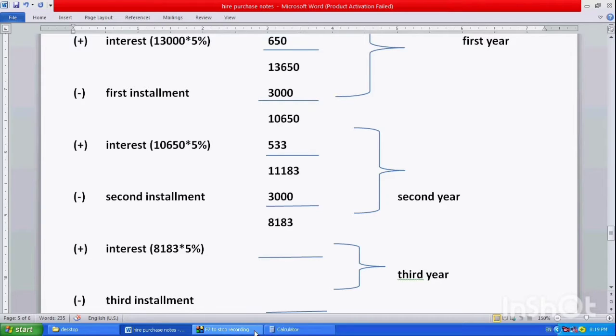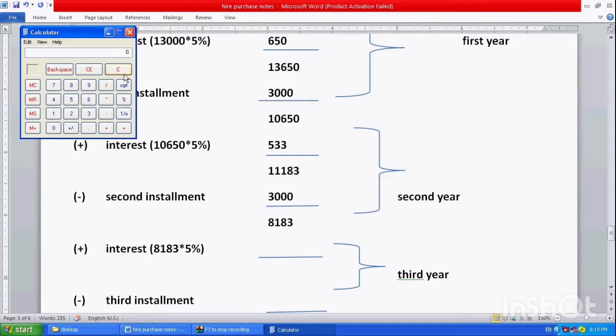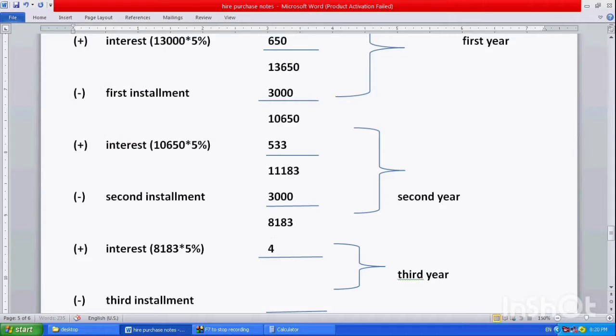Now how much are we getting? Let's see in the calculator. Here, 409.